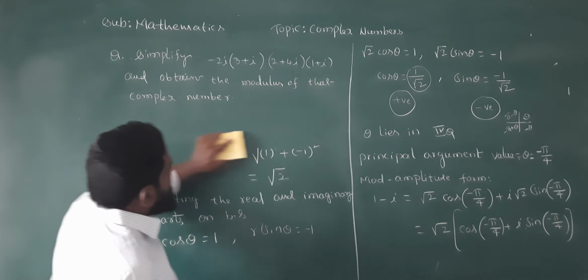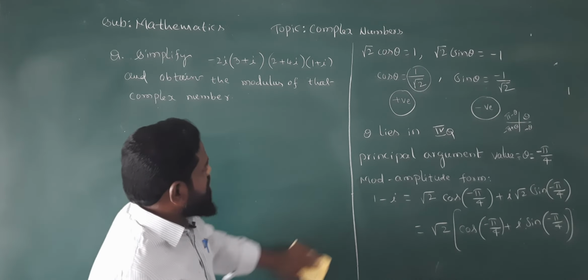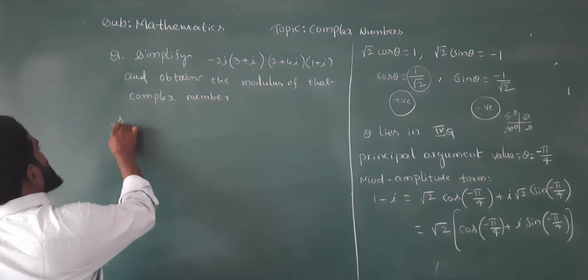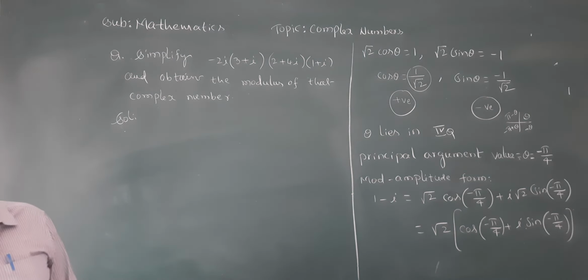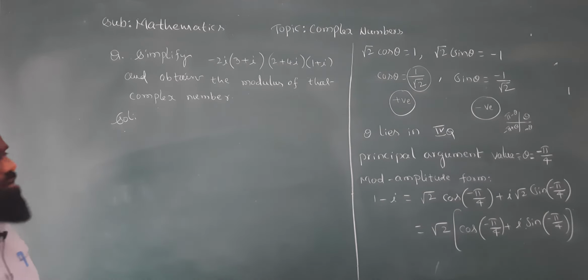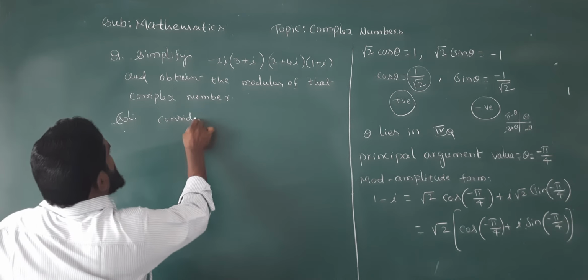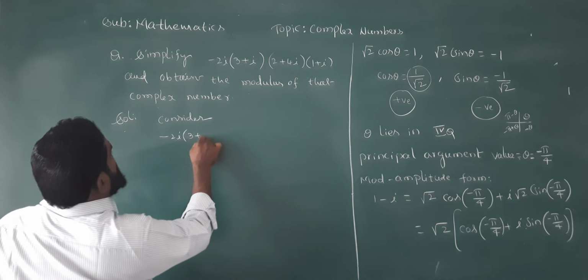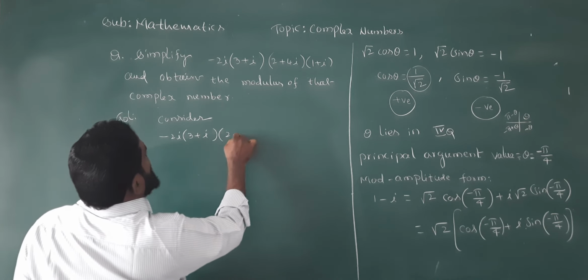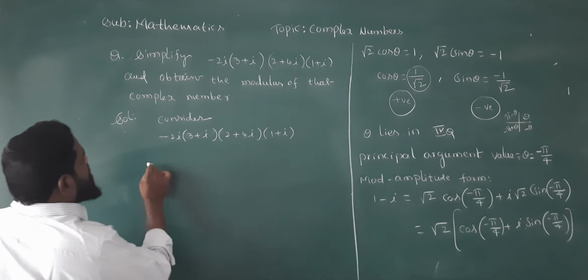Now let us find this value. Consider minus 2i, 3 plus i, 2 plus 4i, 1 plus i.